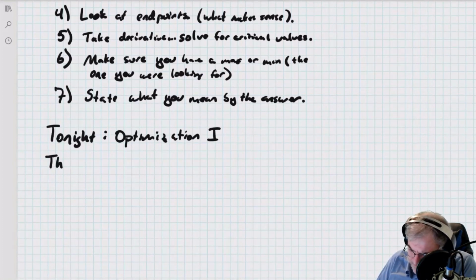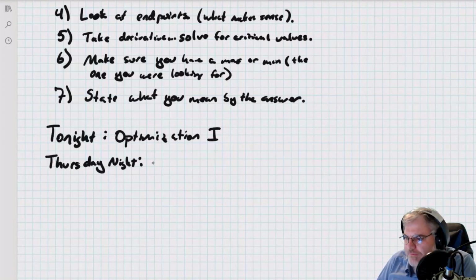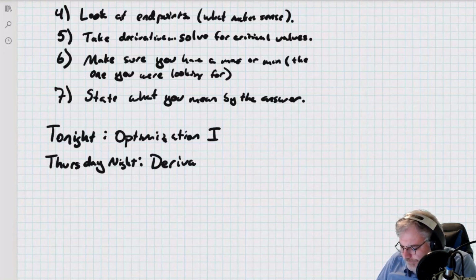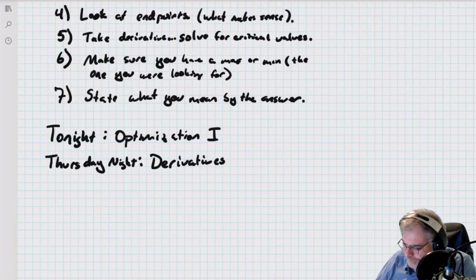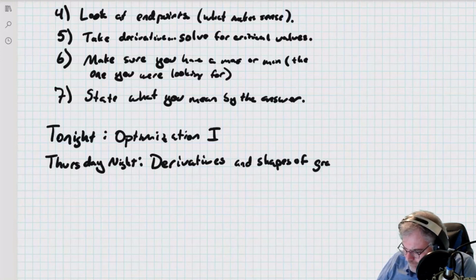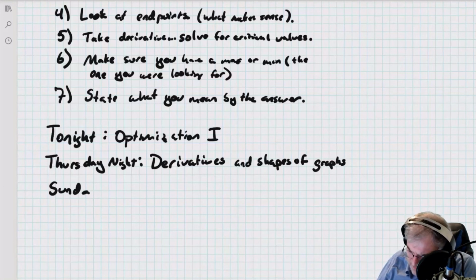Thursday night, we're going to do derivatives in the shapes of graphs. So we're just going to kind of try to tie that all together. All right, Sunday night, exam review 1.